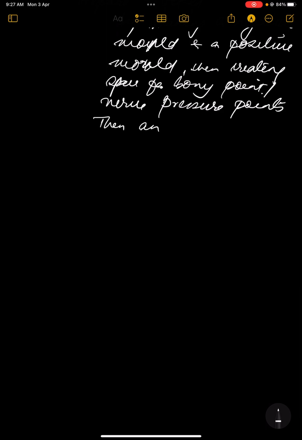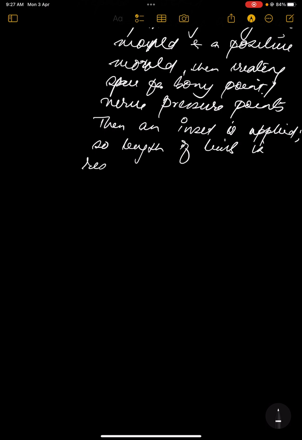Inset or outset, so that the length of the limb is restored and the level of the joint is restored. Finally, you add a Sach foot or a Jaipur foot.